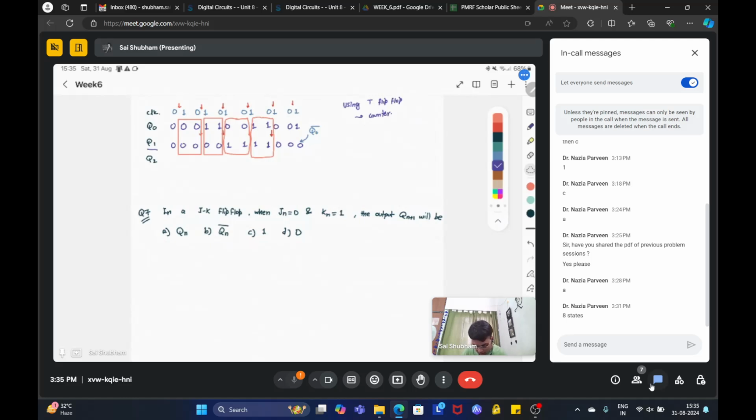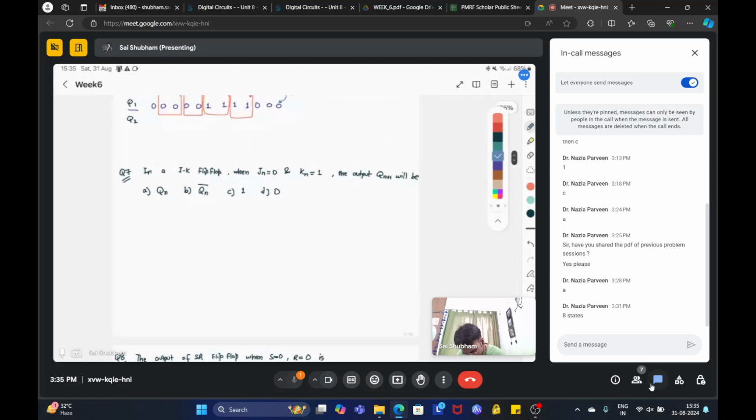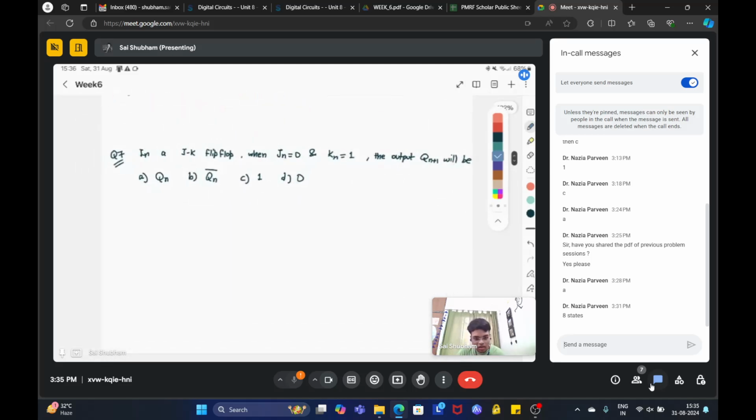In a JK flip flop, with Jn equal to 0 and Kn equal to 1, the output Qn plus 1 will be. I think I have discussed the solution of this as well.